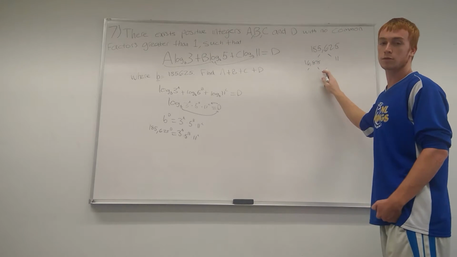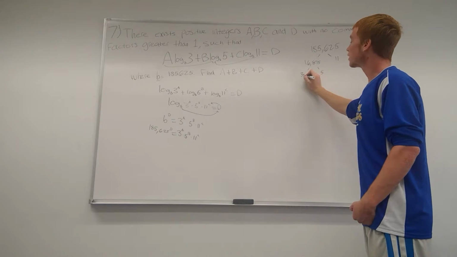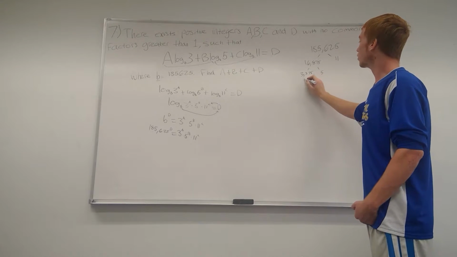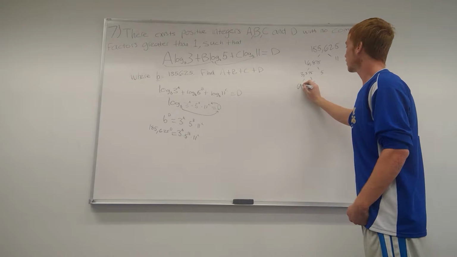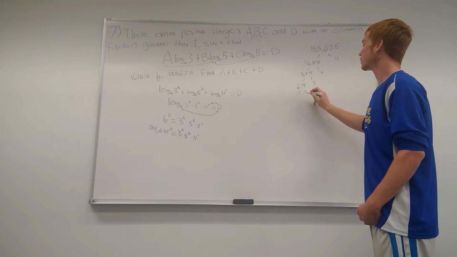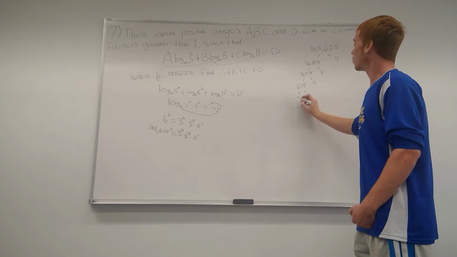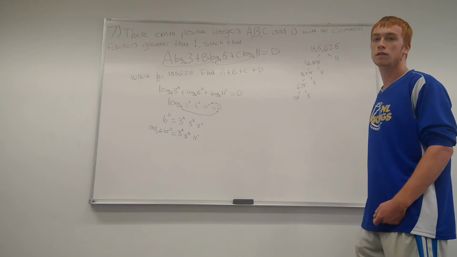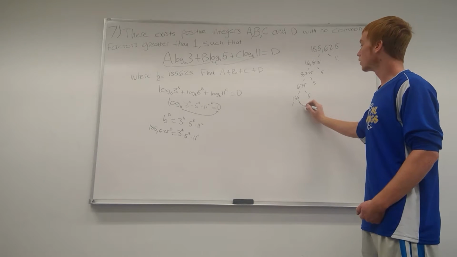This number is not divisible by 11, so now we're going to divide it by 5, and that equals 3,375. Again, we divide by 5 to get 675. This number is still divisible by 5, so now we have 135. Again, it's divisible by 5.